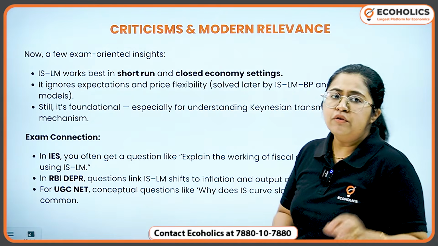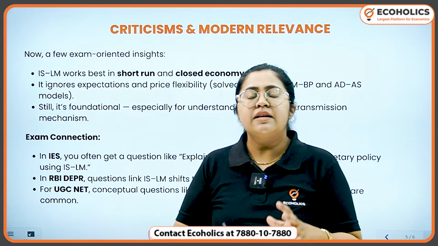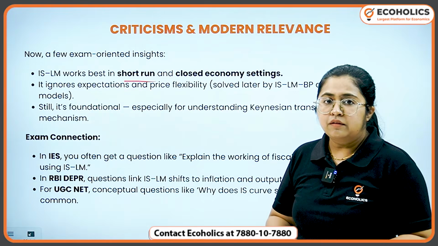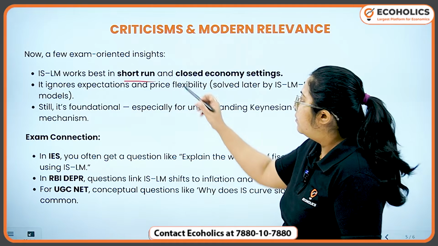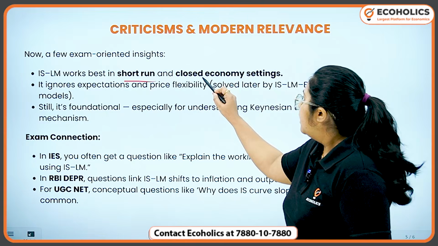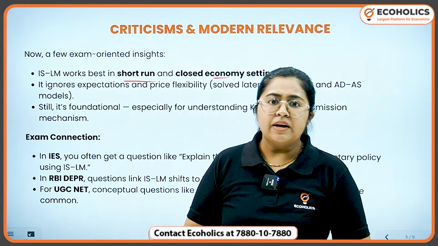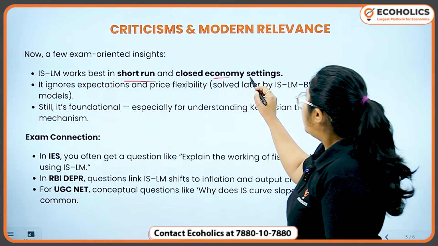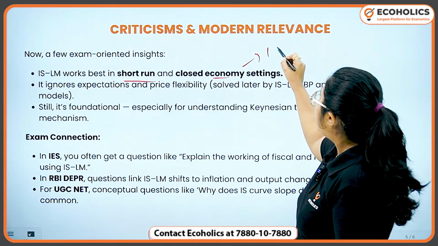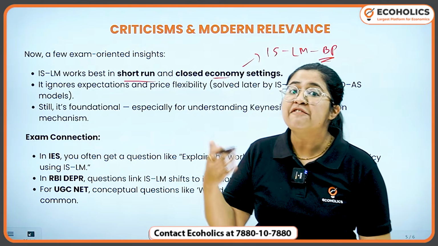Now, let's talk about a few criticisms. Initially I told you that this model is a short run model. So this IS curve and LM curve equilibrium mix works when the economy is in the short run, and it's a closed economy. ISLM is not for an open economy. If we open the economy, then we also have the concept of ISLM BP, which talks about the balance of payments.